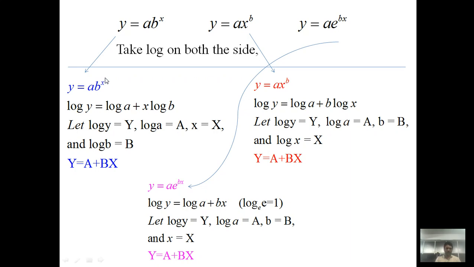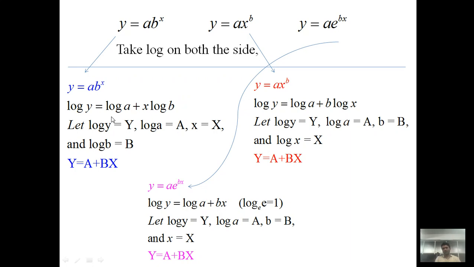By using that property, the right hand side is written as log a plus log of b raised to x. Again we apply the property of logarithm: log of a raised to b, the power comes in front, is b into log a, but here the power is x, so it is written as x into log b. We just use the simple properties of logarithm.